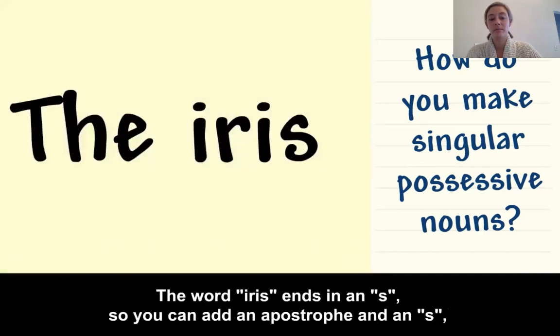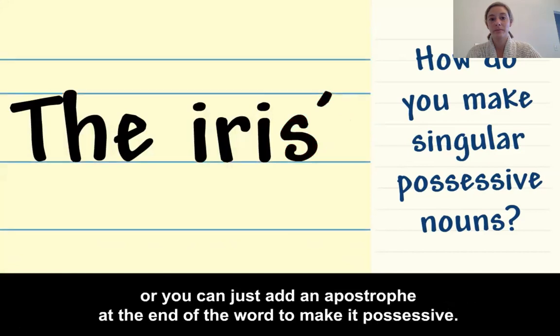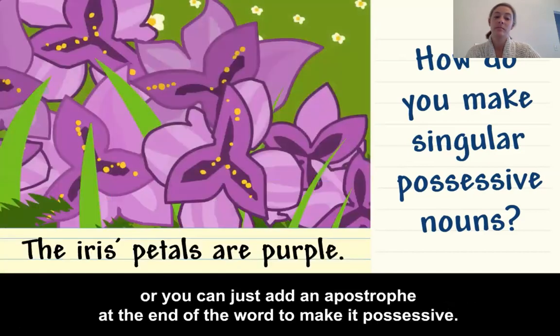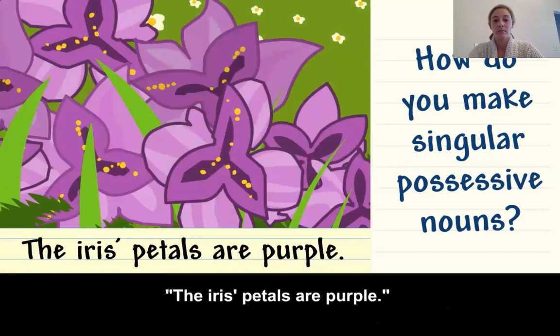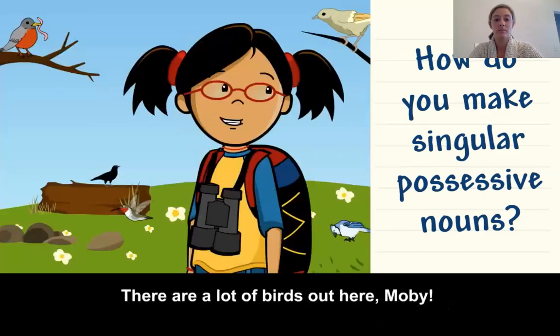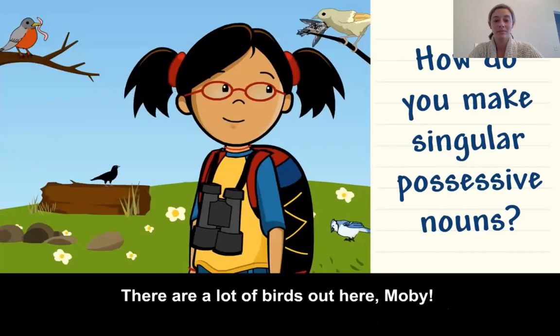The word iris ends in an S, so you can add an apostrophe and an S, or you can just add an apostrophe at the end of the word to make it possessive. The iris's petals are purple. There are a lot of birds out here, Moby.